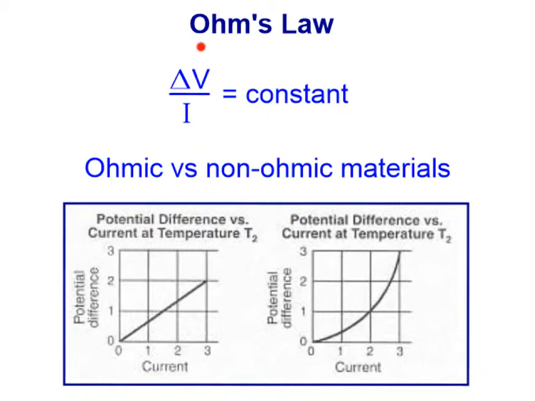Mathematically, it looks like this, and it's named after Georg Simon Ohm, who was the first to conduct a systematic study of electrical resistance. It's common practice to express Ohm's law as delta V equals IR. It's an easy way to remember it, or VIR, if you can remember that.